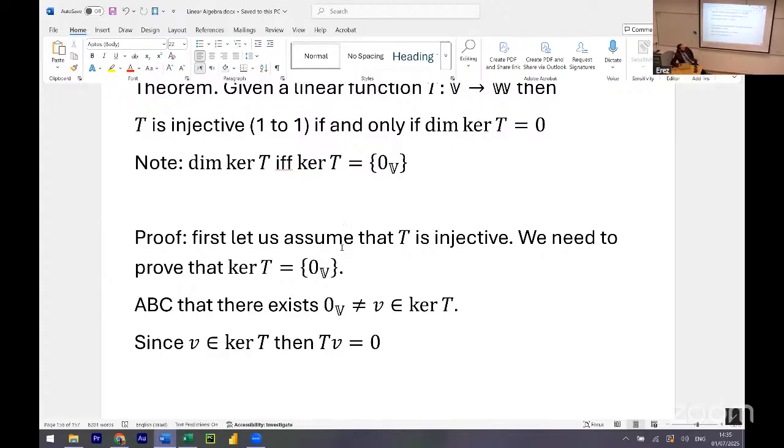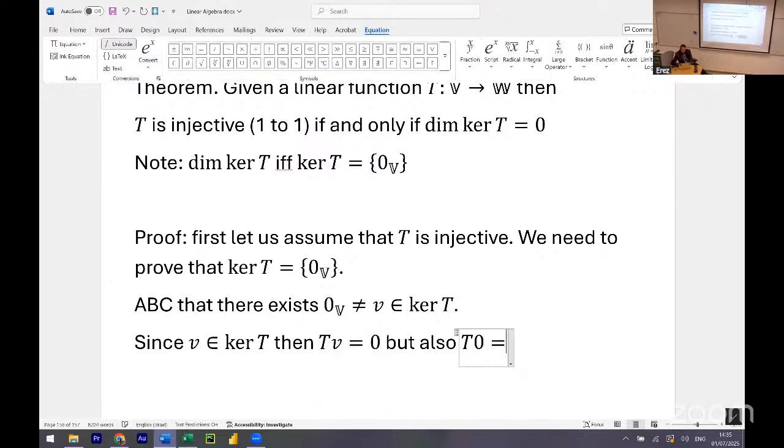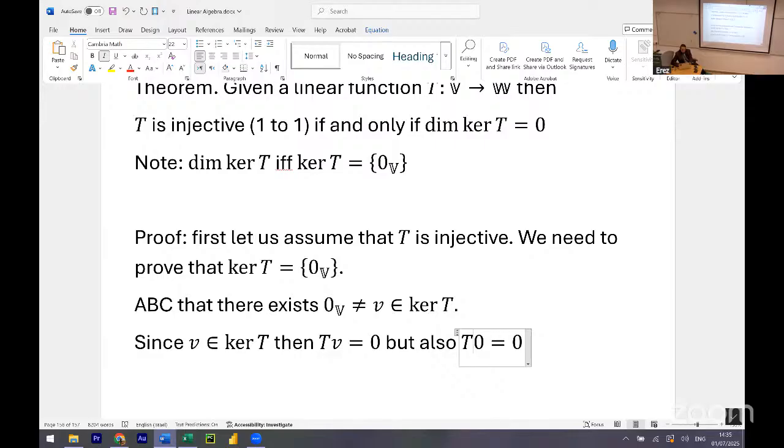Exactly. And we know that the 0 vector will give 0 in the... But also T of 0 equals 0. Let's write T of 0_V and this is 0_W.